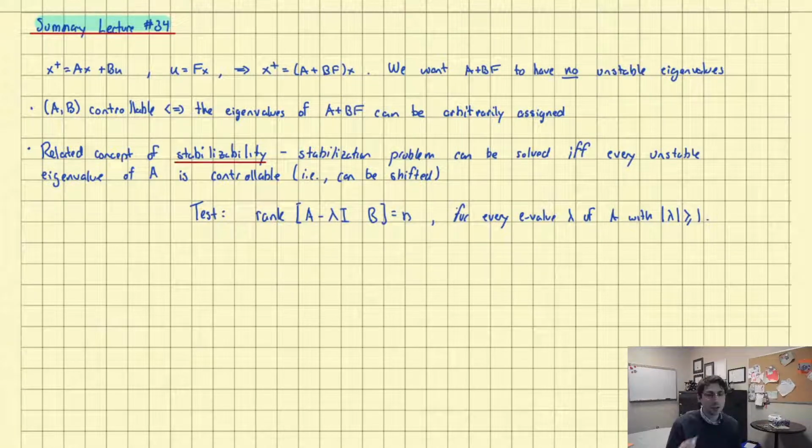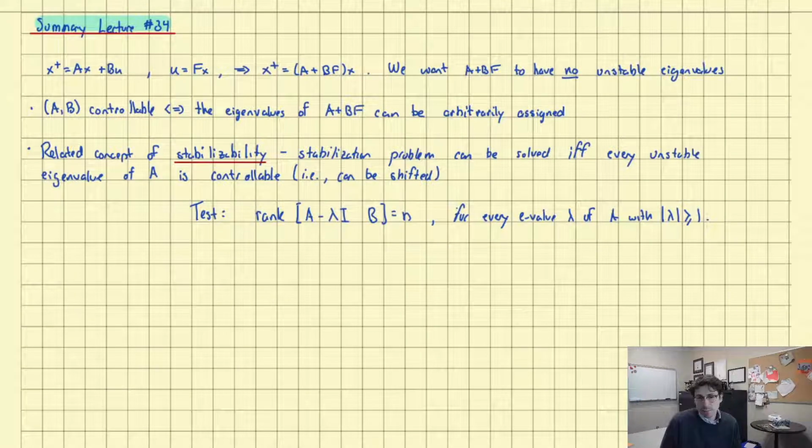Okay. To solve this problem, we talked about controllability two lectures ago. And last class, we said this controllability notion, which originally was presented as a notion of reachability, can you reach all the states, is equivalent to saying that the eigenvalues of this matrix can be arbitrarily assigned by suitable choice of the feedback F. Okay?